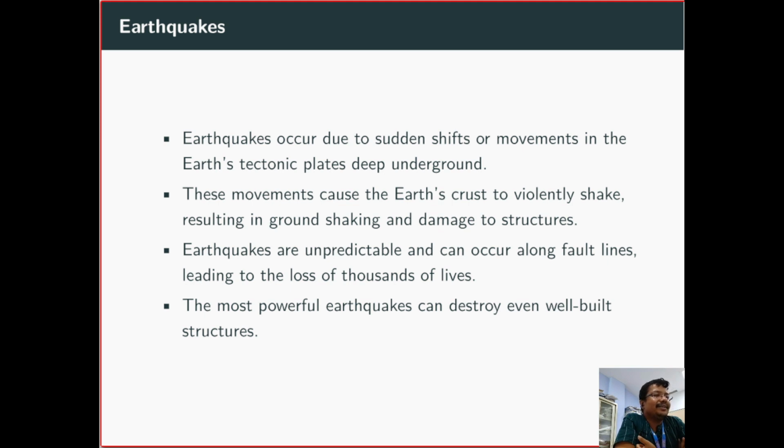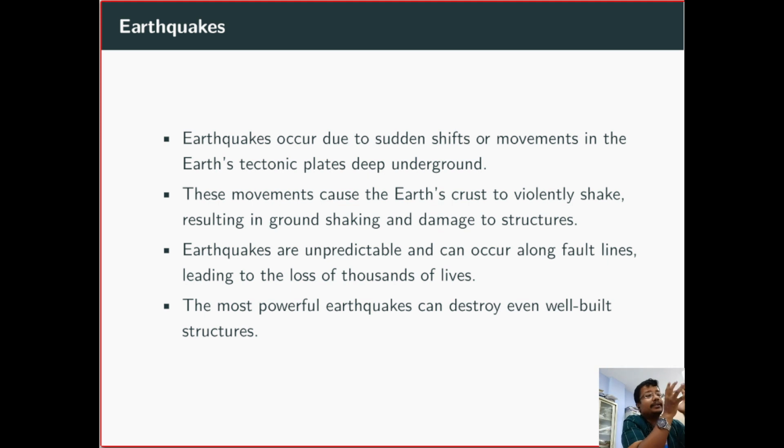So basically, these earthquakes are caused due to the sudden shift or movements in the tectonic plates, and these movements inside the earth's crust propagate to the top surface of the land, right?